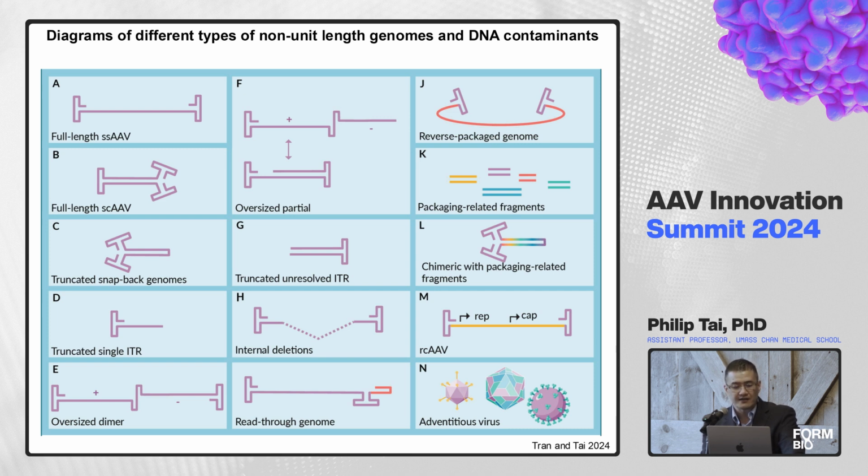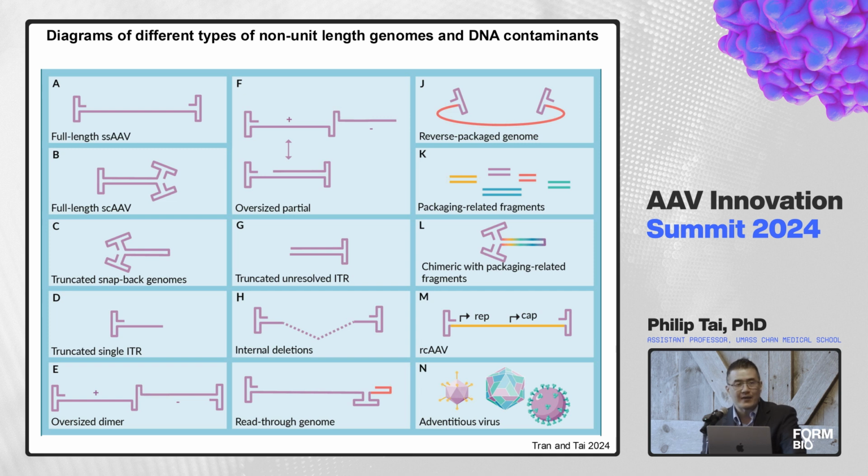So if you're designing a single-strand AAV with intact ITRs, you would pick these guys up, right? If you had a self-complementary design where you have one of the ITRs mutated, you would then be picking up these self-complementary forms. One of the major forms that we see if there is a high degree of heterogeneity that's due to some region within the genome that causes truncations, we normally pick up these truncated snapback genomes.